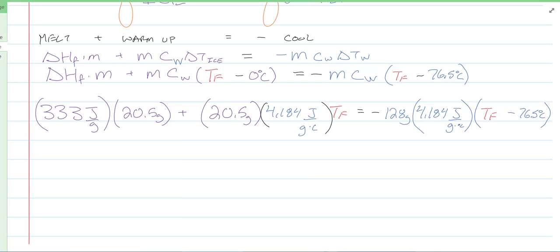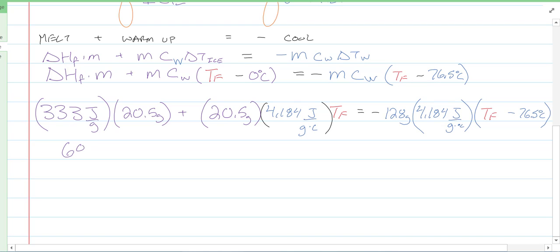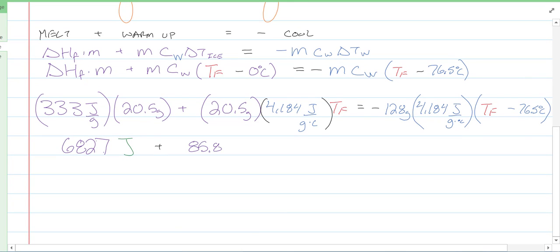Starting on the left, 333 times 20.5, I get 6827. And I'll use green for joules. Plus, what's this? 20.5 times 4.184 times TF. I get 85.8 joules per, the grams are gone, degrees Celsius times TF.